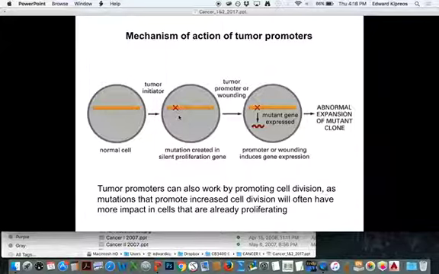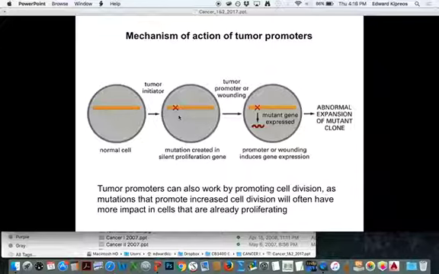So these tumor promoters that are making the cells divide, why do you need them? Okay, why can't you just mutate the DNA? So there are at least two mechanisms at play. Okay, the tumor initiator is going to introduce mutations in the genome. So what if you have a gene that is normally involved in making that cell divide?